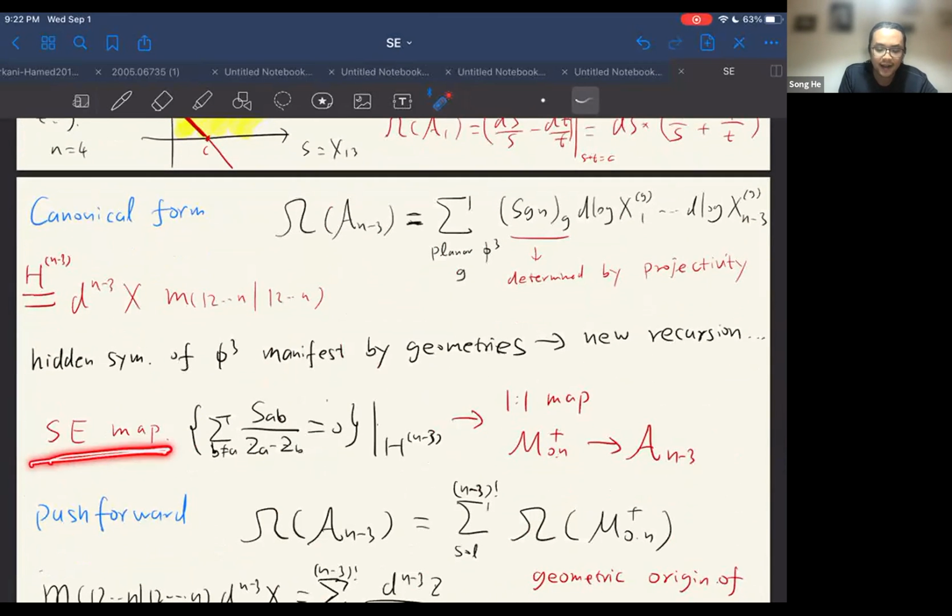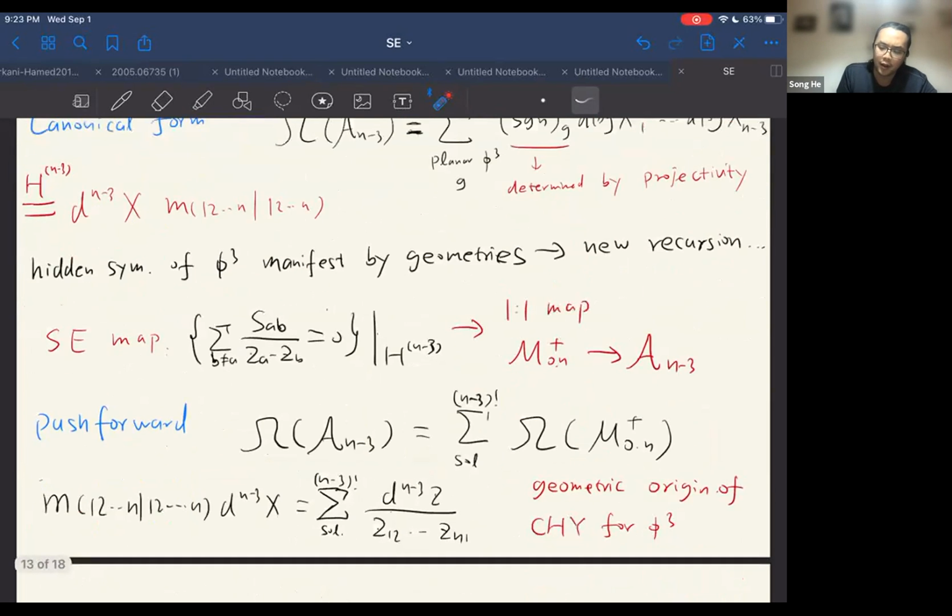The scattering equation provides exactly a one-to-one map from the positive part of your moduli space to this polytope. So this is the connection between the scattering equation and positive geometry. You pull back to the subspace, so it becomes a map to the subspace, whose image is exactly the ABHY associahedron.